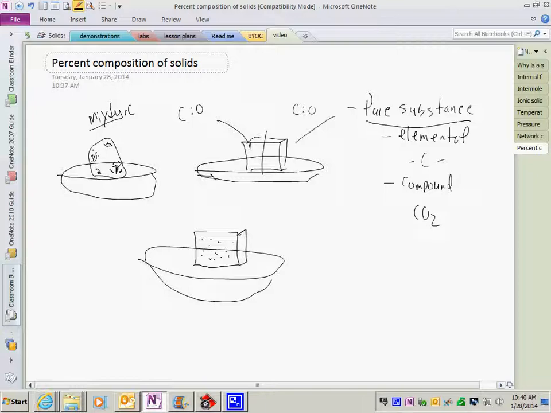Let's say hypothetically you can't even tell that there is something mixed in here. Maybe it's mixed very evenly. This we would call a homogeneous mixture, as opposed to, if you could actually see the parts, we call it heterogeneous.